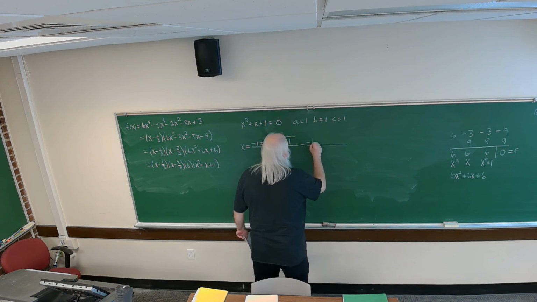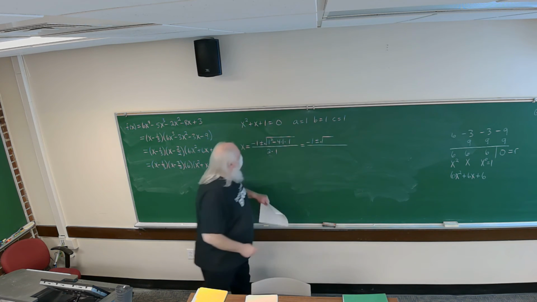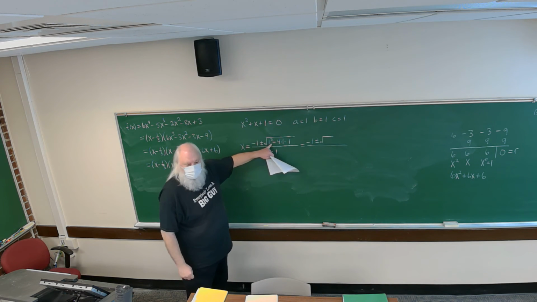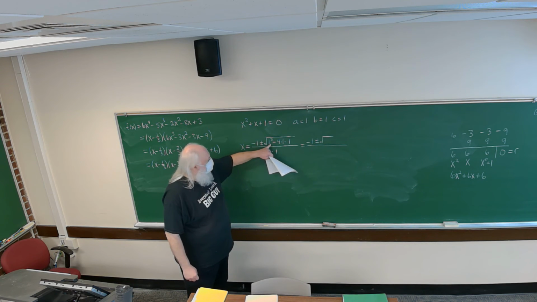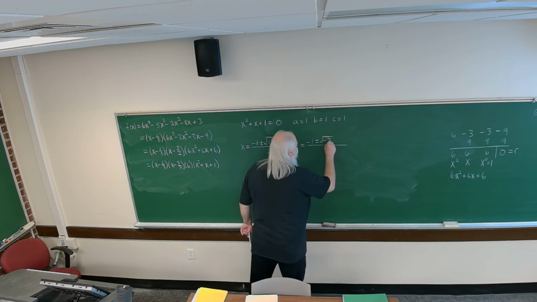So we have negative 1 plus or minus the square root. Well, when you simplify this, it's just going to be 1 minus 4, which is negative 3. So we have the square root of negative 3 over 2.